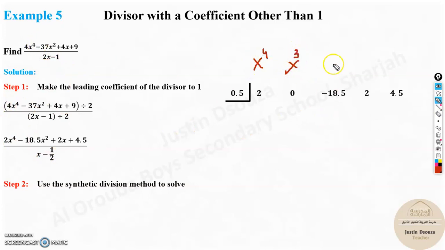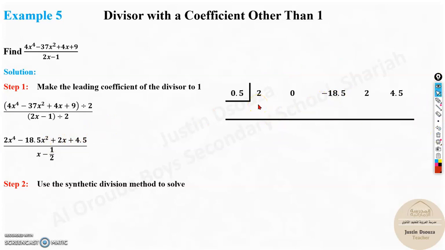Next will be x power 3, 2, 1, and constant 0. But there is no x to the power 3, so we write 0, and then the x power 2 coefficient is minus 18.5, x power 1 is 2, and lastly we have 4.5.